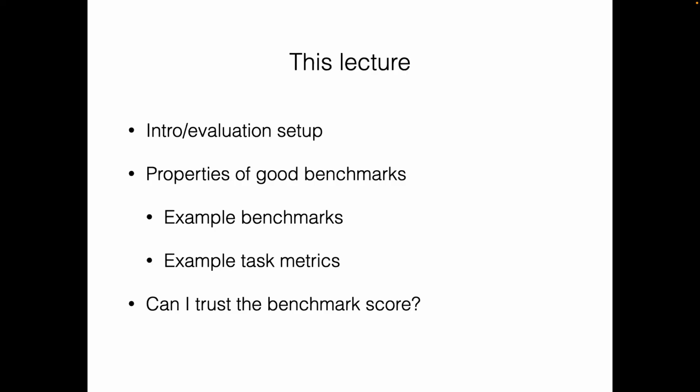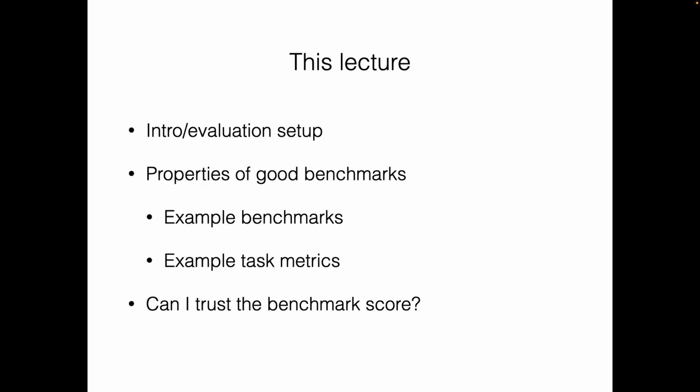This will give you some sense of the complexity of benchmarking and also some things to consider if you're creating or using a benchmark. And then at the end, I'll go over some basic statistical techniques for looking at some result that you get after you run a model on a benchmark, and then determining what conclusions you can make from it.